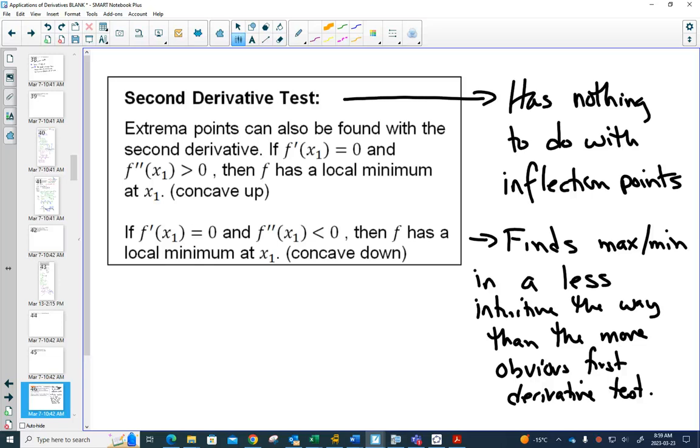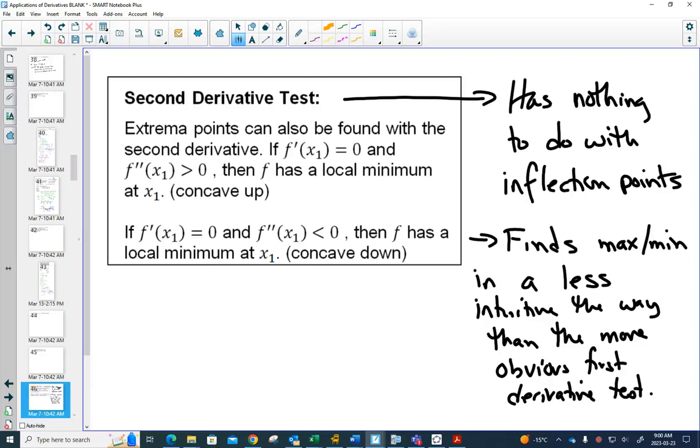So I'm now making fun of the second derivative test in hopes that it helps you remember it better. Because the second derivative test finds the max or a min of a graph, but in a way that you already have the first derivative test, which works awesome and is really visual. Like, oh, I found my first derivative of 0. It goes up and then it goes down. Oh, it's a maximum.